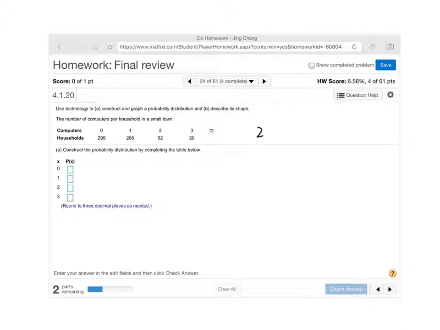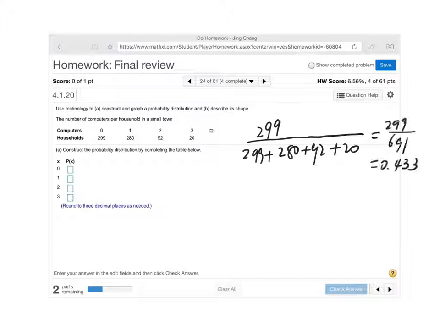So 299 over 299 plus 280 plus 92 plus 20, just add all the numbers as the denominator, which is how many total households were surveyed or involved in this study. Okay, so the answer for 0 is probability 0.433. It's 299 over 691.